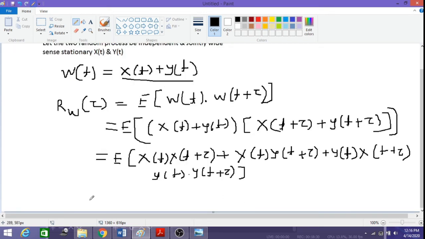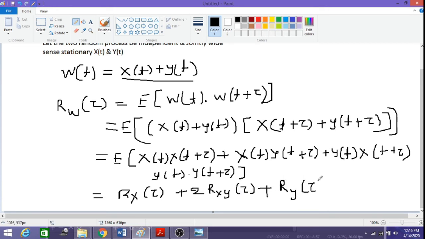So when we take an expectation of all this, finally we will get Rx of tau plus, if you say this is a cross correlation function, x of t with y of t plus tau and y of t into x of t plus tau. Both result in the same, so I can write this as 2 Rxy of tau plus Ry of tau.